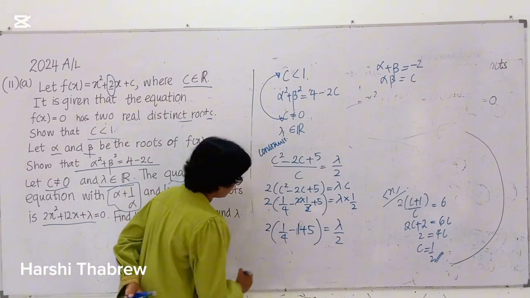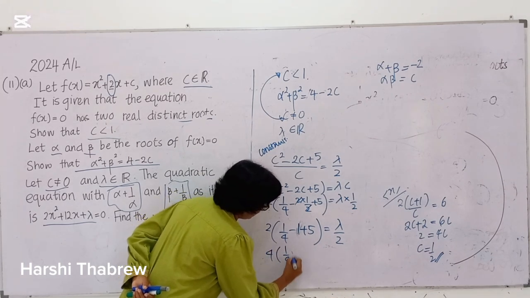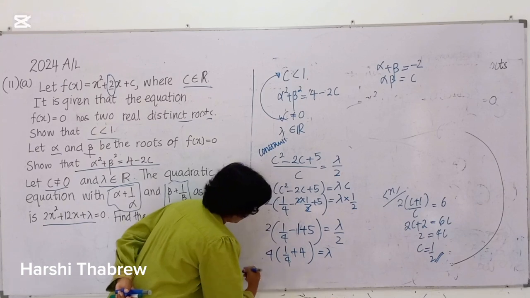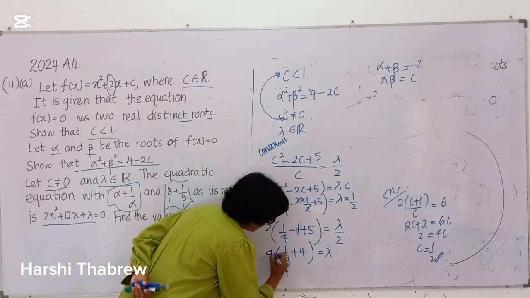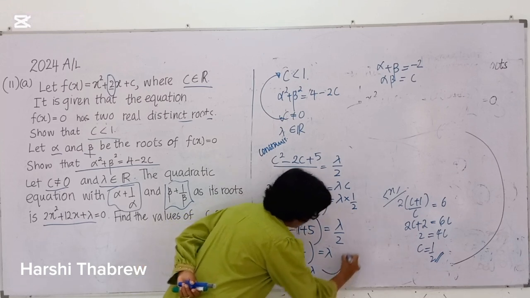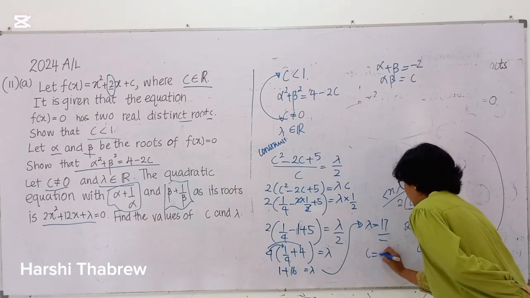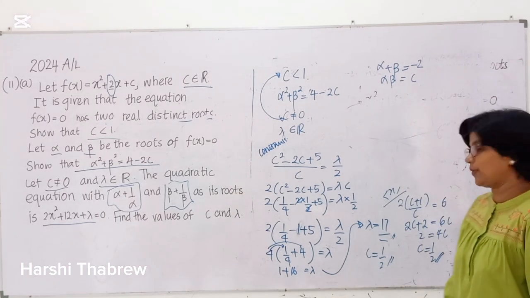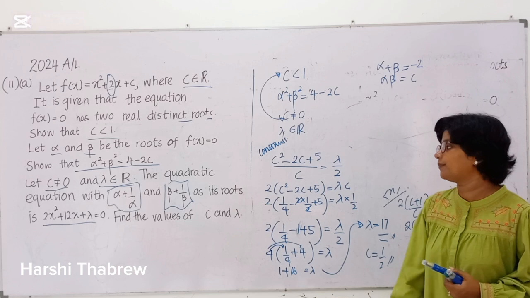Right, so multiply by 2, therefore 4 times 1 over 4 plus 4 equals lambda. So multiply the whole thing by 4, then you have 1 here plus 4 into 4 is 16 equals lambda. Therefore, lambda equals 70. So, c equals half and lambda equals 70.